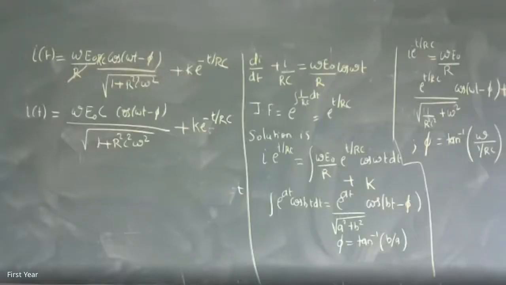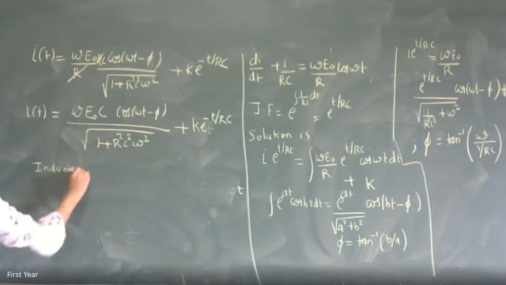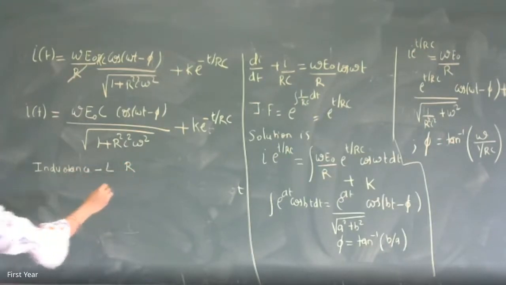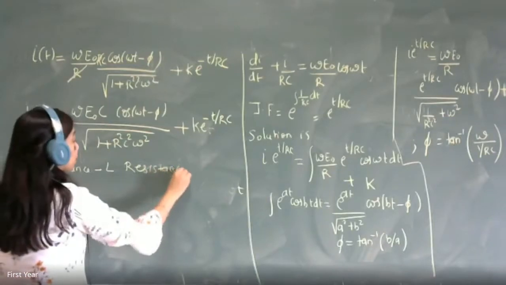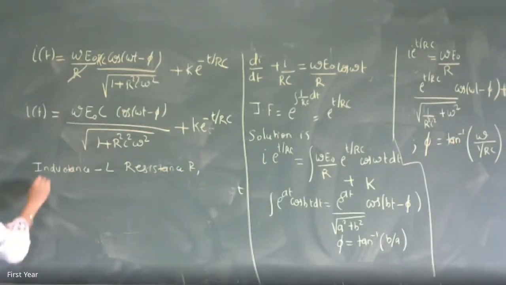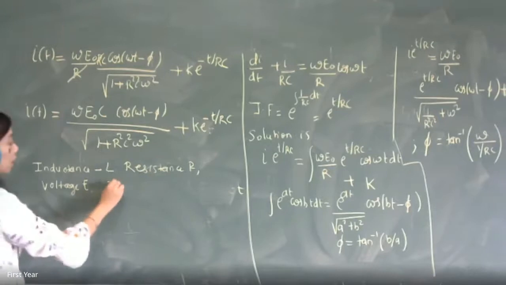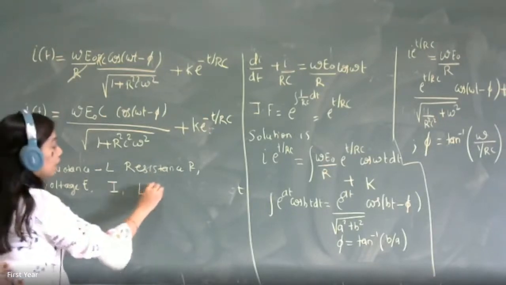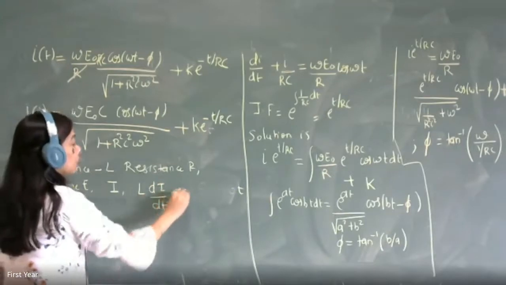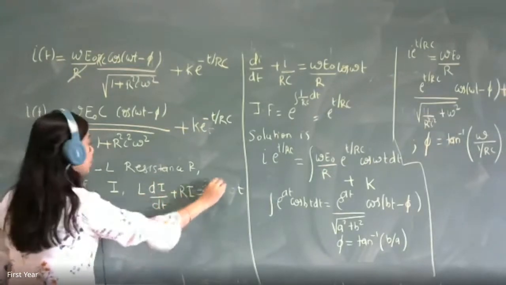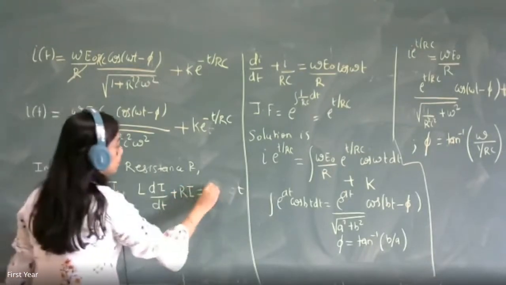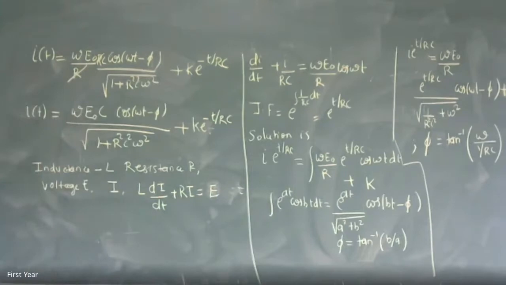The current I in the circuit is given by L di by dt plus Ri is equal to E.